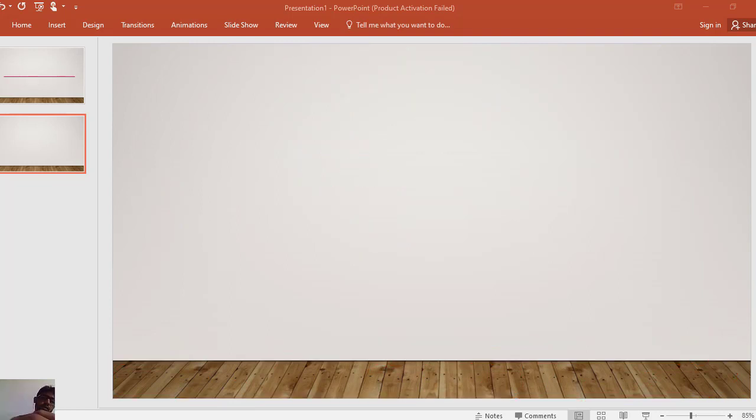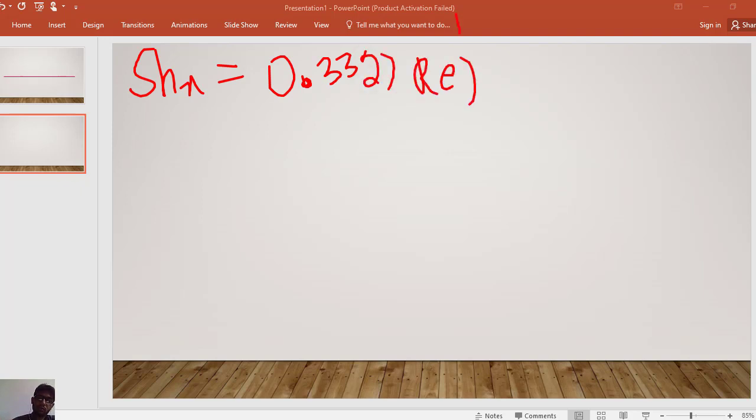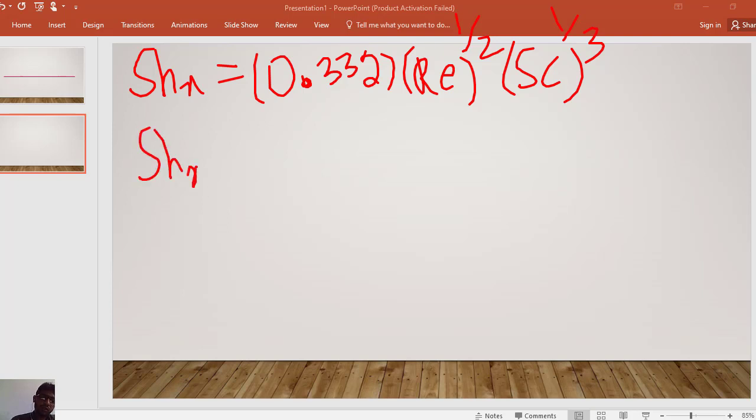Suppose we know that the local Sherwood number Sh_x is equal to 0.332 times the Reynolds number to the power 1/2 times the Schmidt number to the power 1/3.